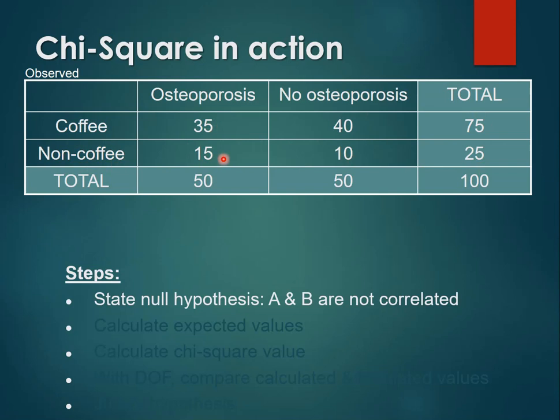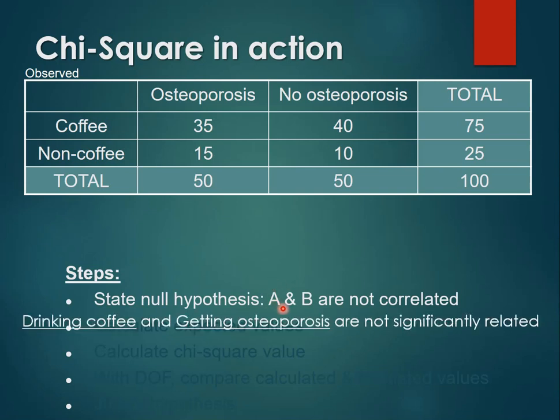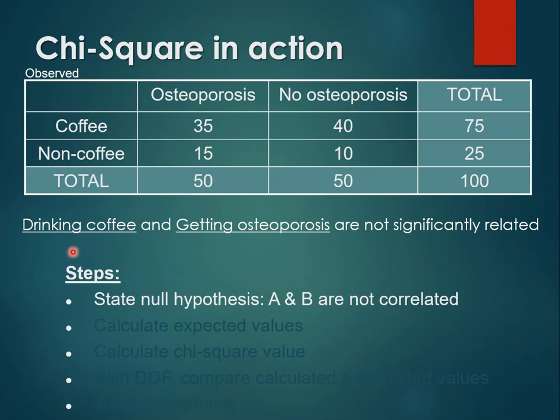Okay? So the first step in chi-square is to state the null hypothesis, whether A and B are not correlated. A is the first argument. In this case, this would be drinking coffee, and B would be the second parameter here, getting osteoporosis.